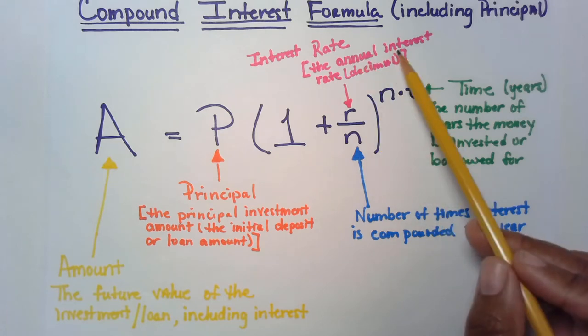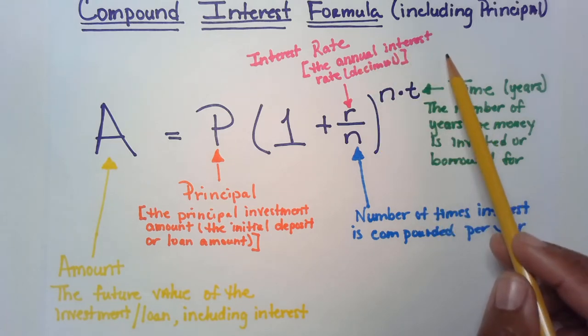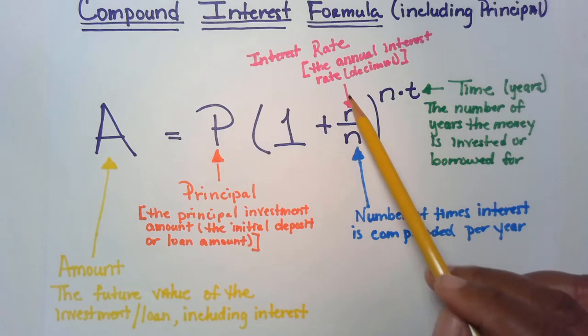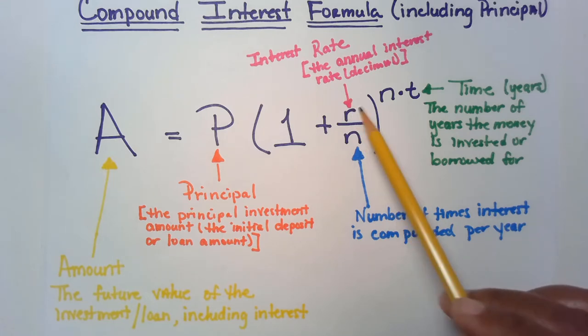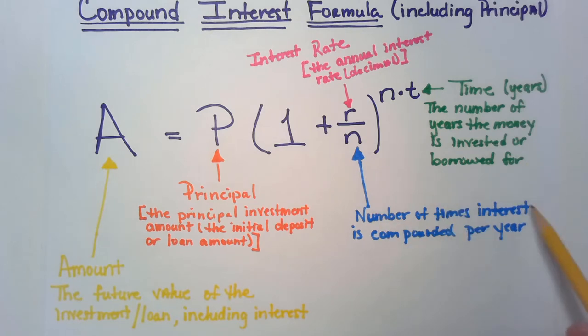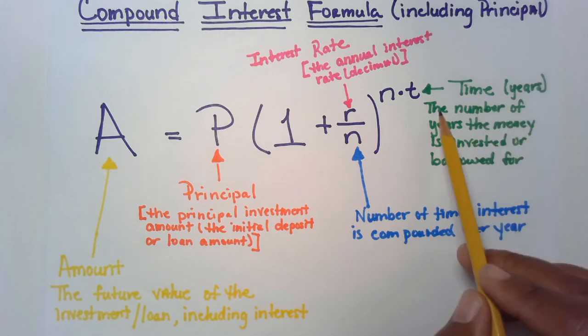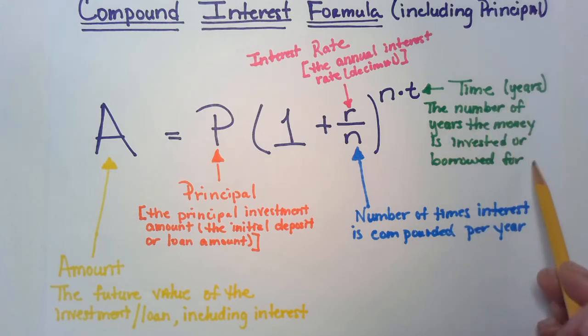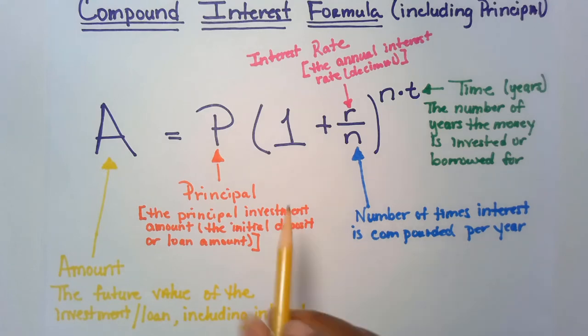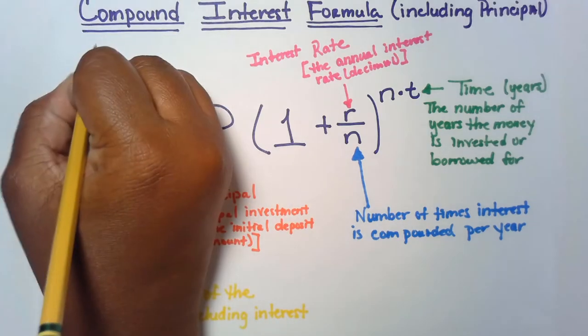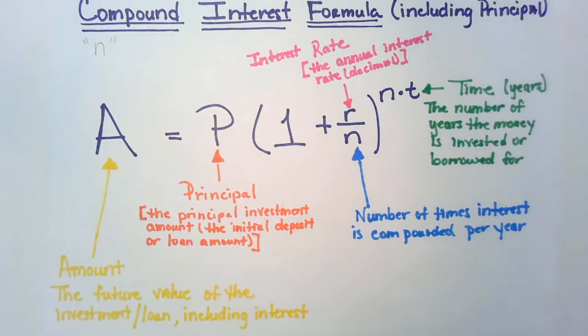R is our rate, the annual interest rate, and we're going to represent the rate as a decimal. N represents the number of times interest is compounded per year. And then T, which is time, we represent that as years, the number of years the money is invested or borrowed for. So this is when we have N, the number of times interest is compounded per year.